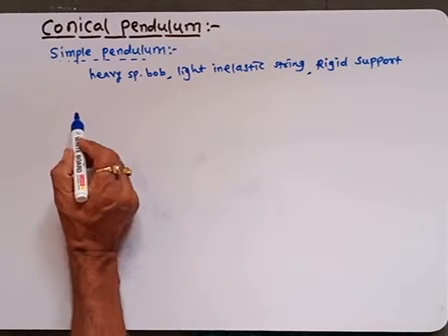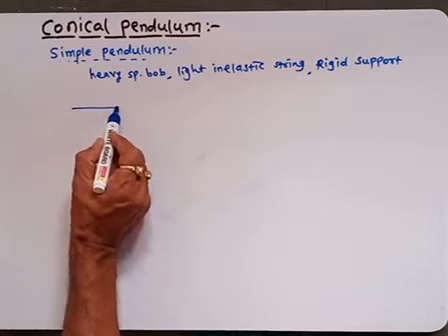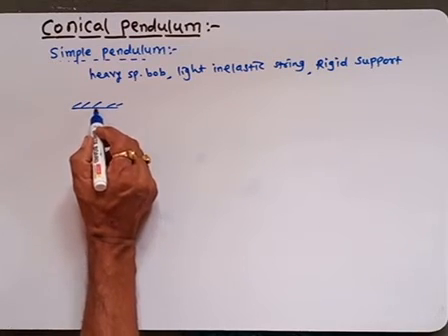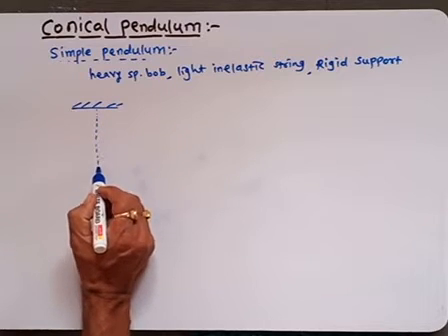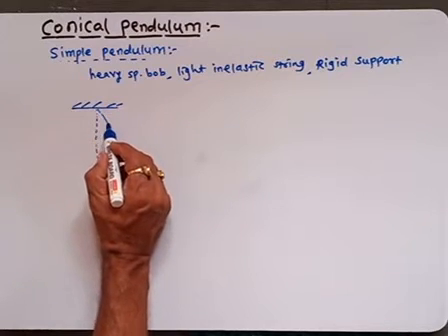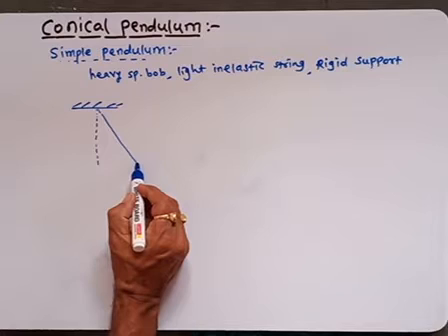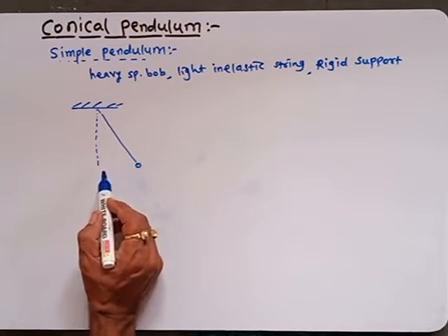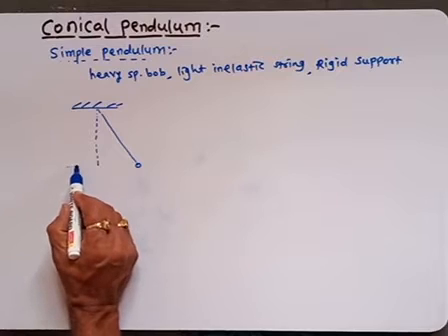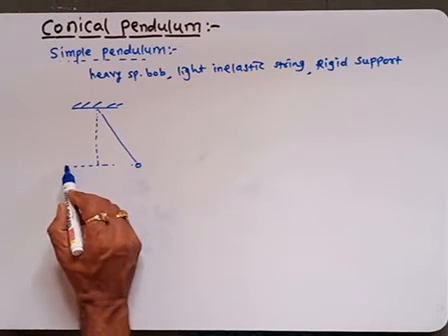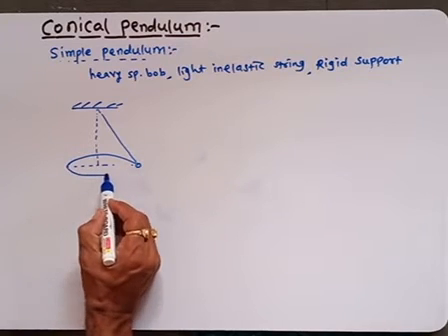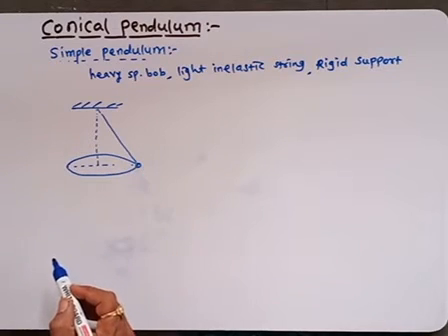See here, same thing like a simple pendulum. Suppose this is the bob suspended by a light inelastic string, and suppose in this circular track this bob moves.